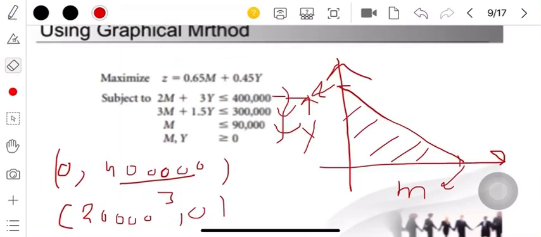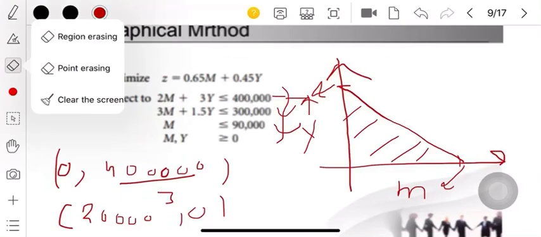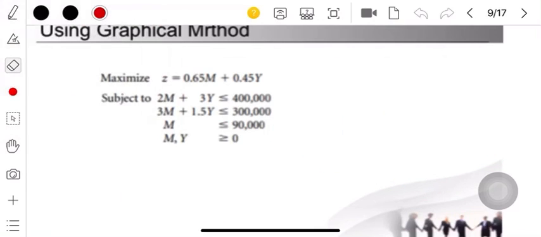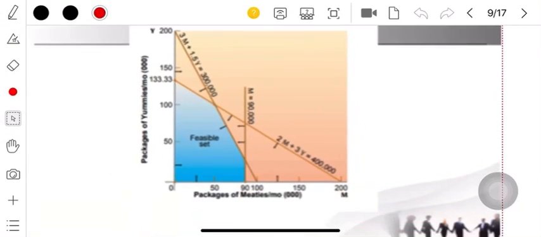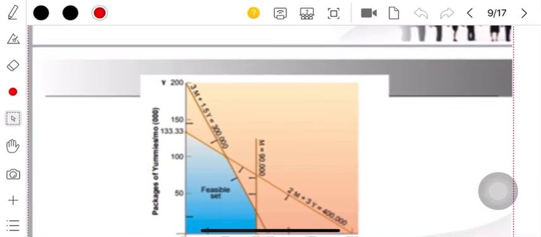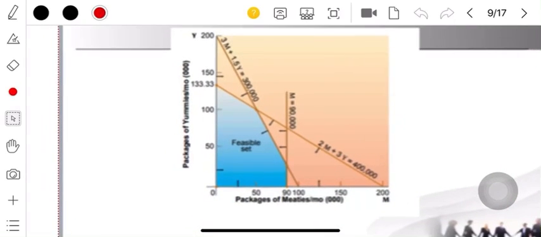Let me show you this problem we have solved using the graphical method. So this is it. Here you can see this is the first constraint, 2m plus 3y equals 44 lakh, all towards the origin. This is the second constraint and this was the third constraint.